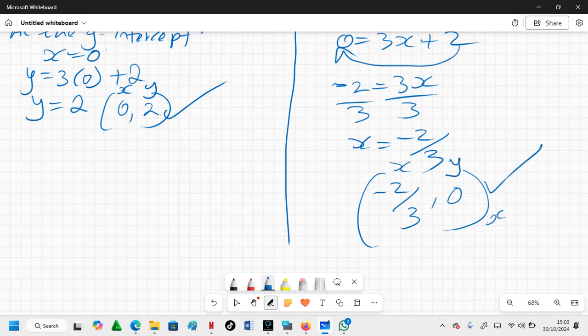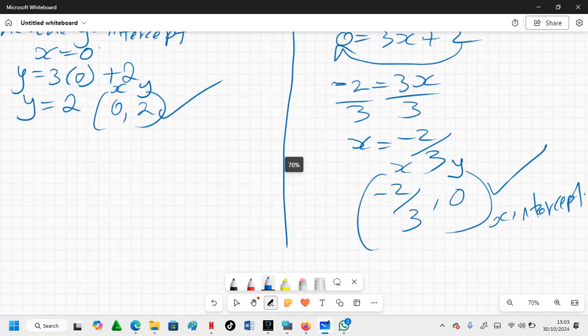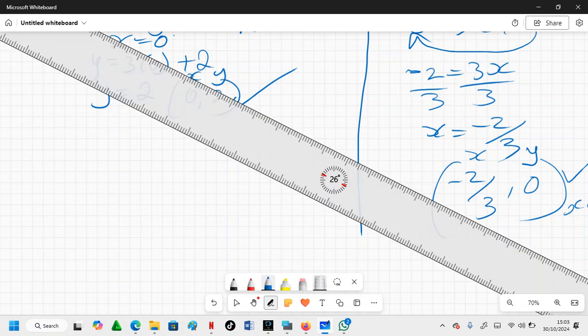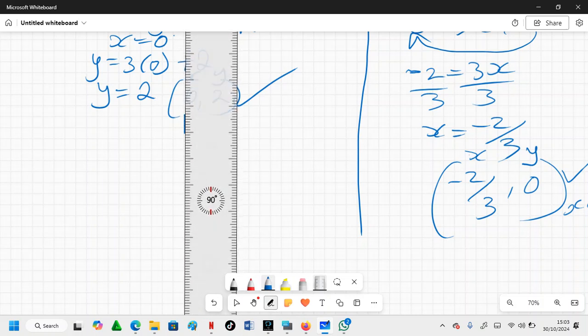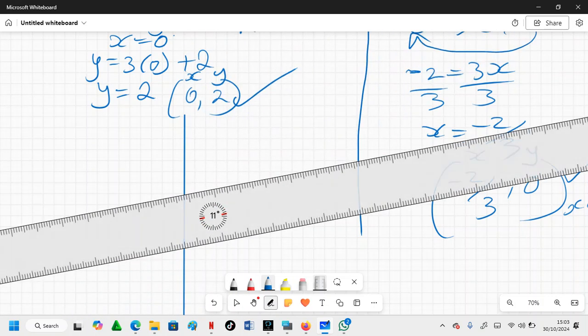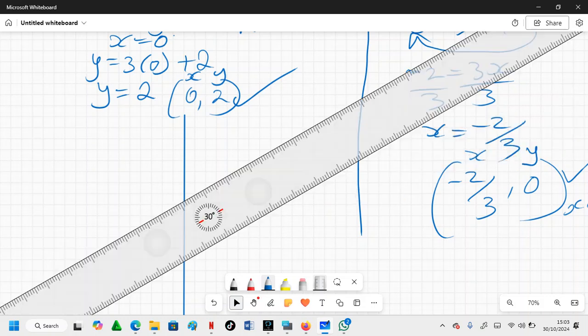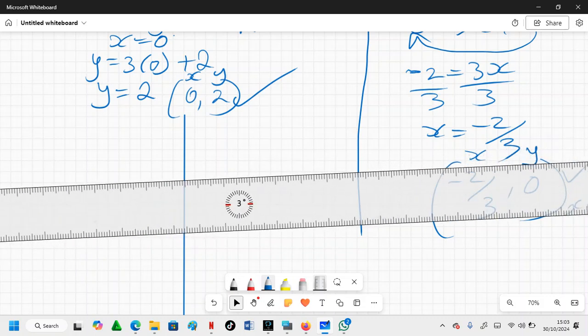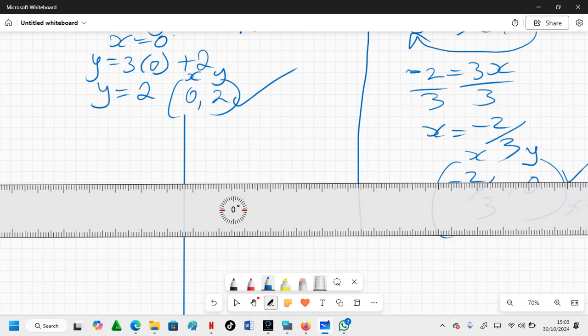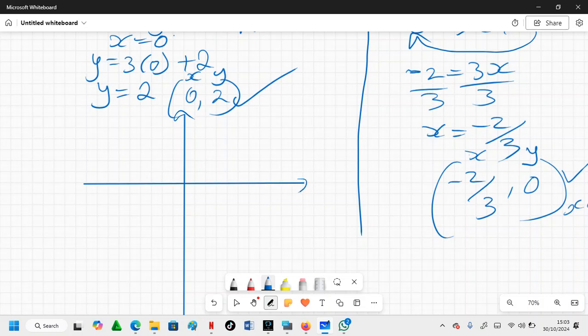You must always remember this is always x and this is y. This is the x-intercept. Sometimes you can use the x-intercept and the y-intercept to draw a line. For example, you can easily draw this line just using those 2 points. Let me just set my ruler right. So this is (0, 2).